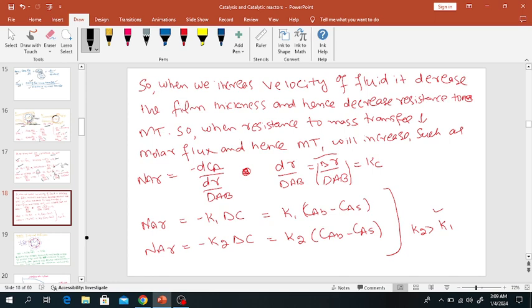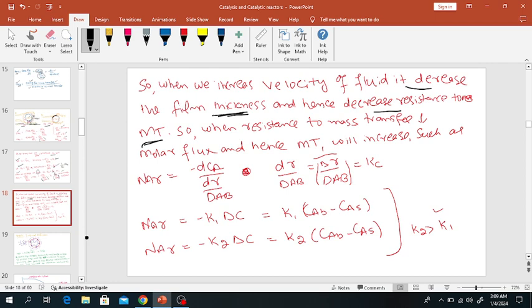Now, when we increase the velocity of the liquid, the liquid film thickness will decrease, and hence the resistance to the mass transfer will decrease. So when we increase the velocity of the liquid, the stagnant film thickness will decrease, and hence the mass transfer rate will increase.